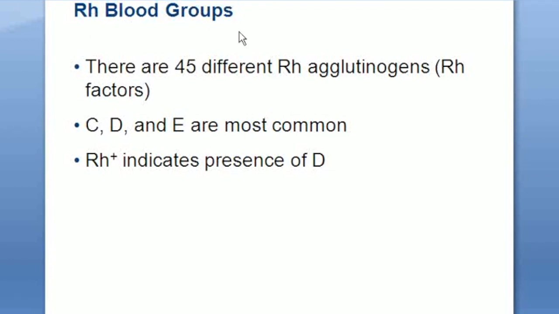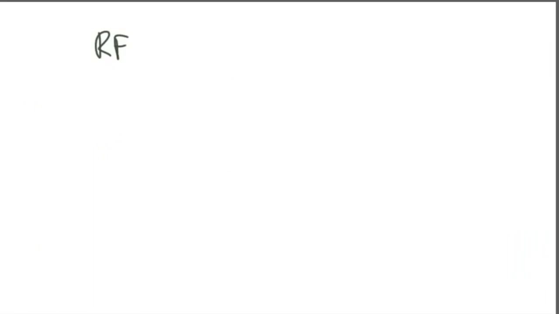The Rh factor, or Rh blood groups, are different. Instead of naming them, because there's, wow, look at that, 45 different Rh factors, we're just going to say a person is either Rh positive or Rh negative.